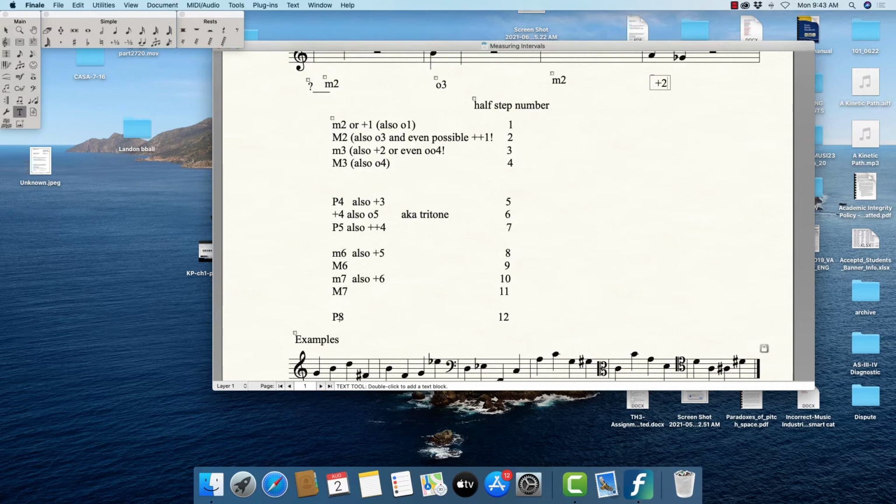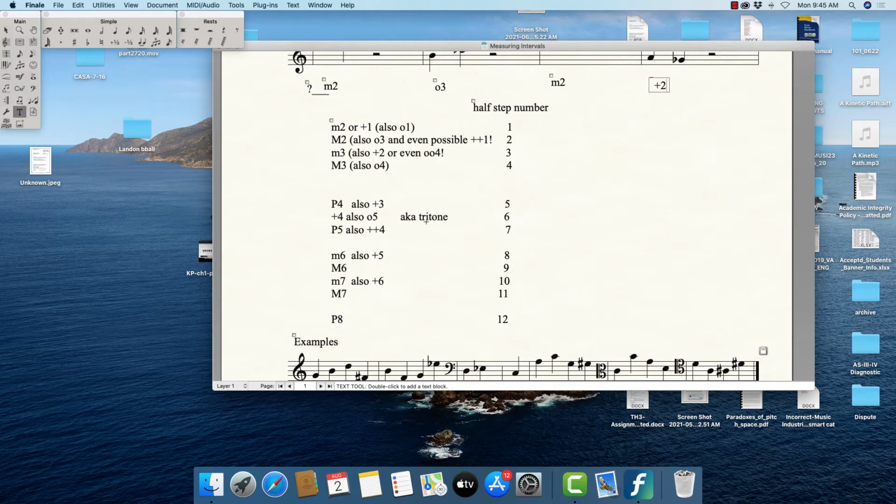It's only P types. So the perfect fourth has five half steps. The augmented fourth has six half steps. Also, by the way, the diminished fifth, and this is the thing we know as a tritone. So that's the tritone, six half steps.